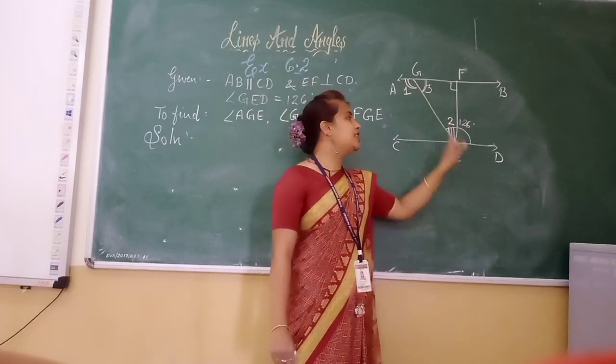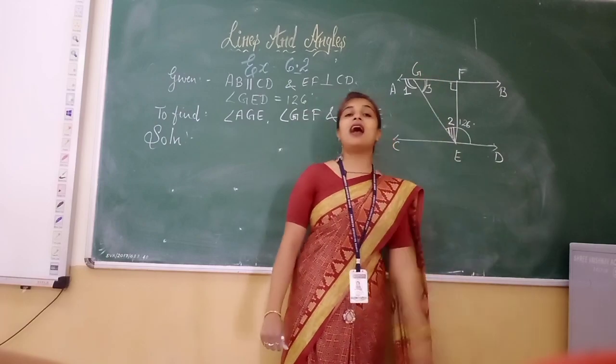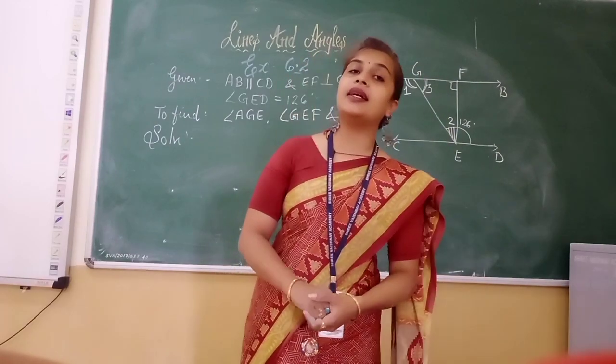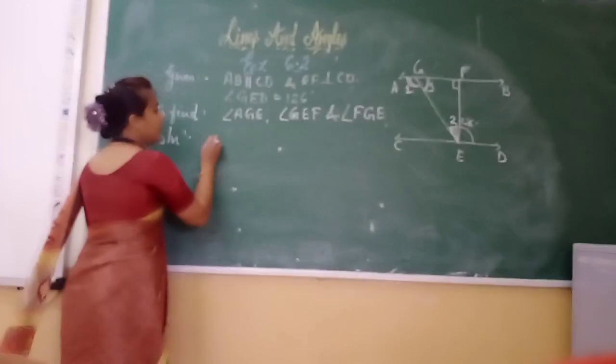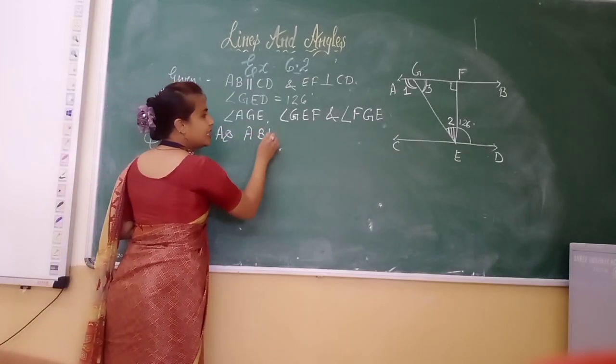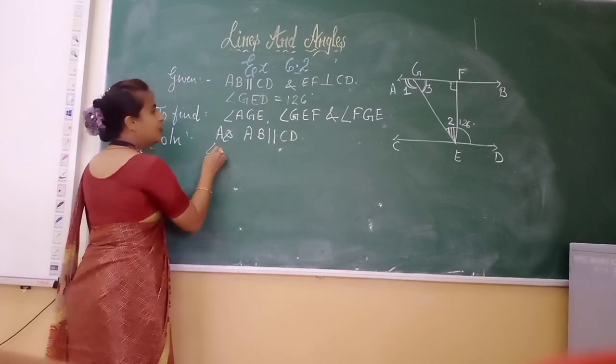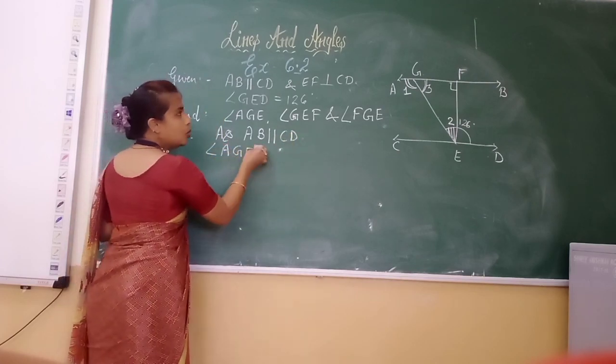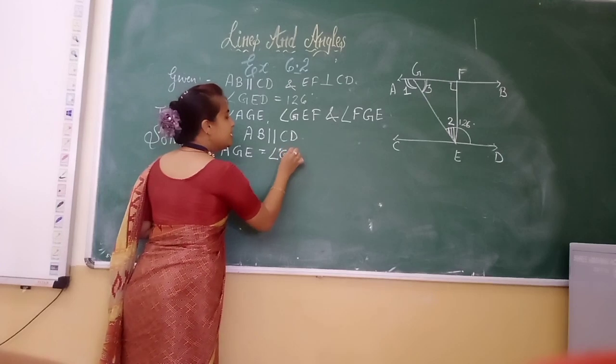Because AGE and GED are alternate interior angles. So, as AB is parallel to CD, therefore angle AGE will be equal to angle GED.